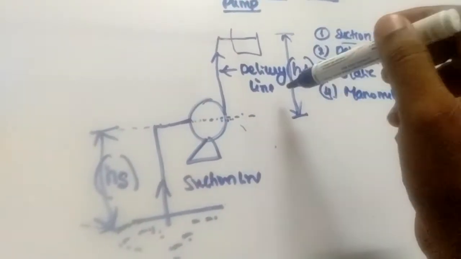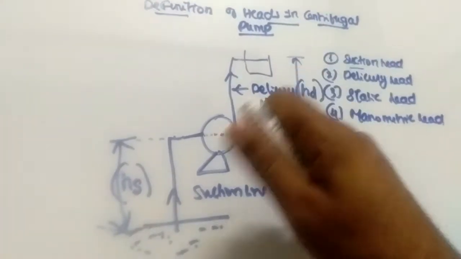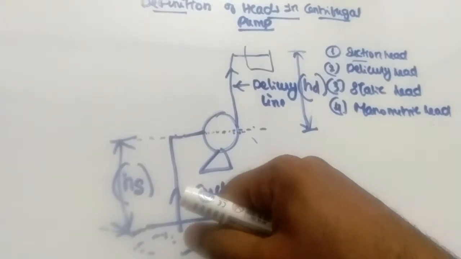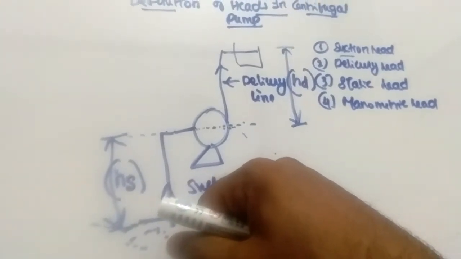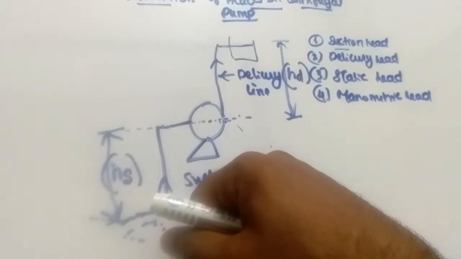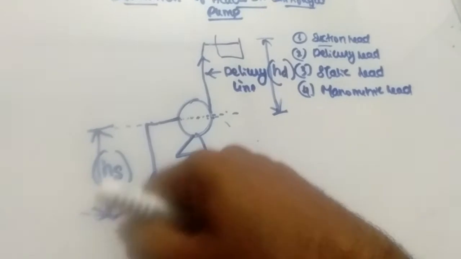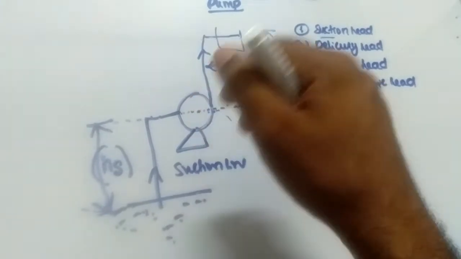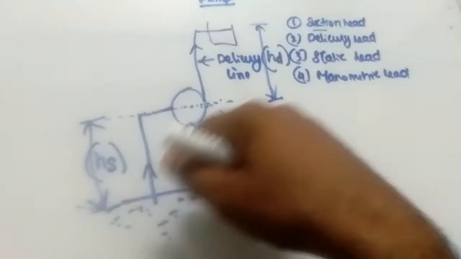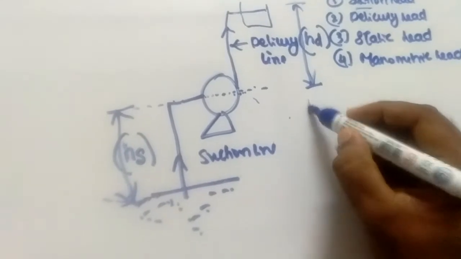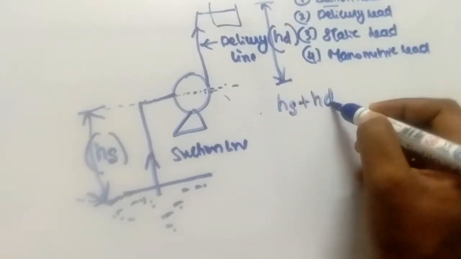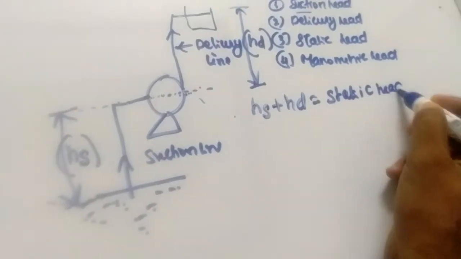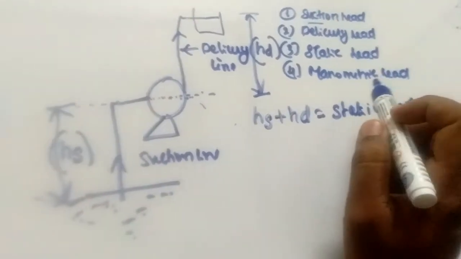Next we will go for static head. There are many videos on static head; in the playlist you can find the chapter related to static head and centrifugal pumps, where we explained how much head is required to lift the water. From suction head and delivery head we get static head.